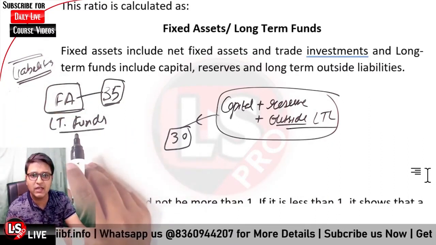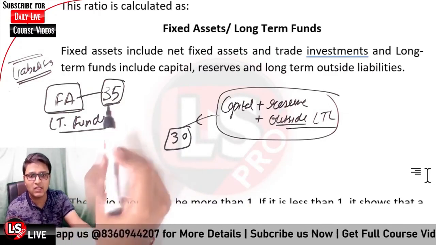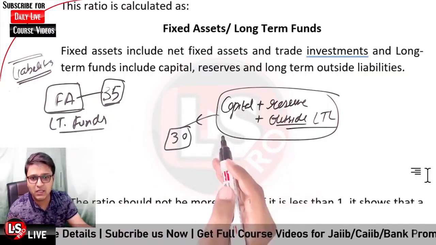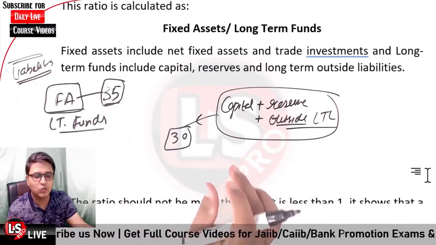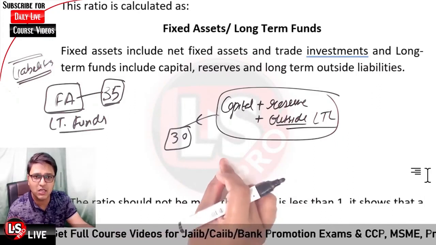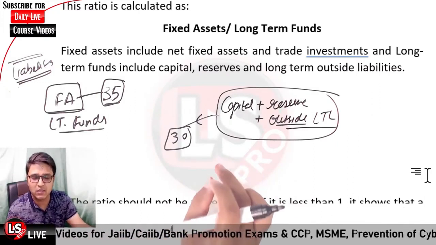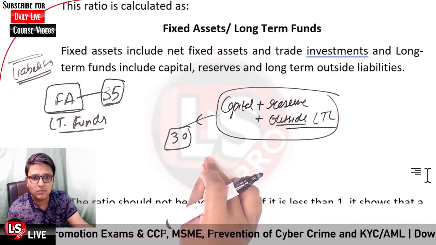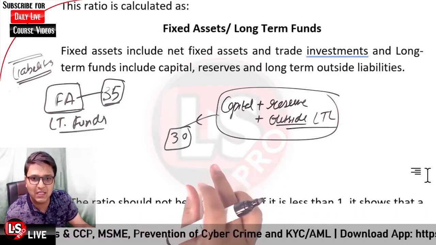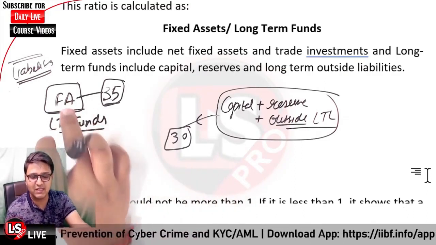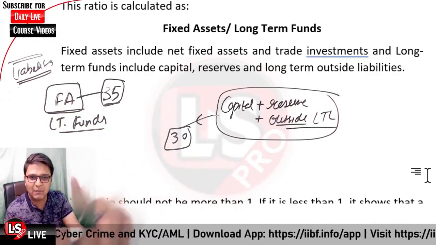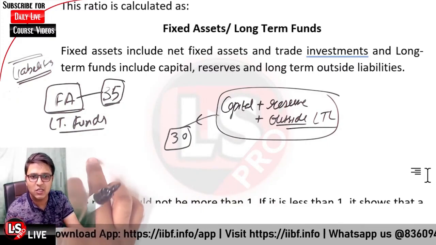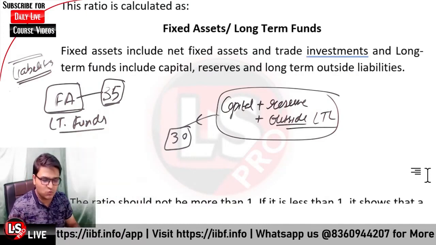If you have a surplus of fixed assets over the long-term funds, it indicates that you have consumed your short-term liabilities so as to get more fixed assets. That is, some part of the working capital, or the current liabilities, has been utilized to get the fixed assets. So that is what it indicates.